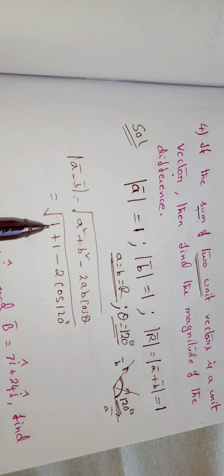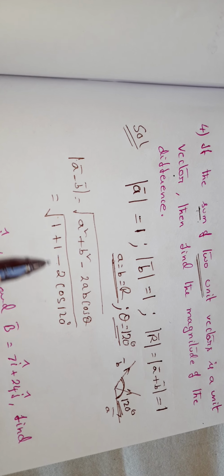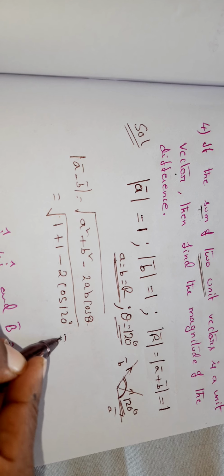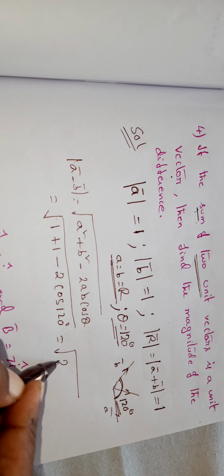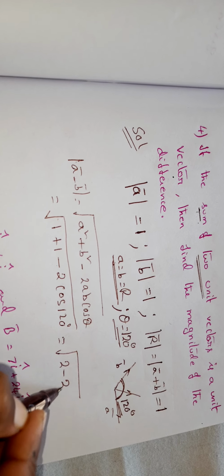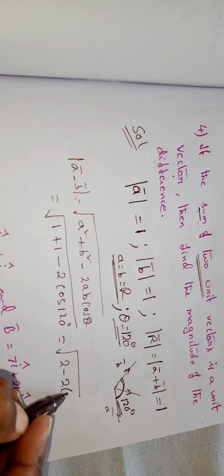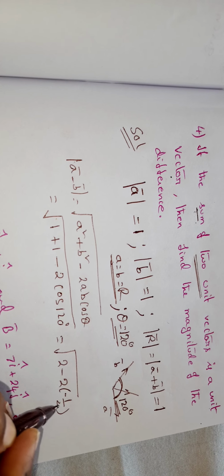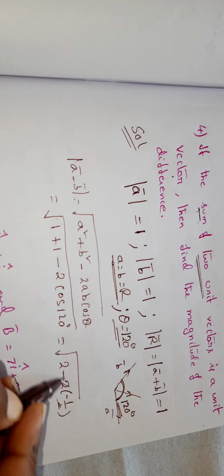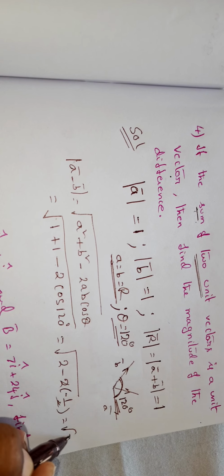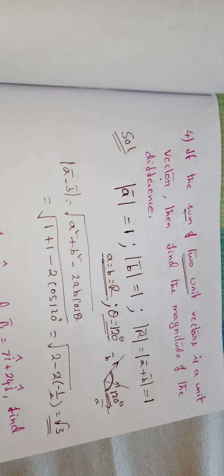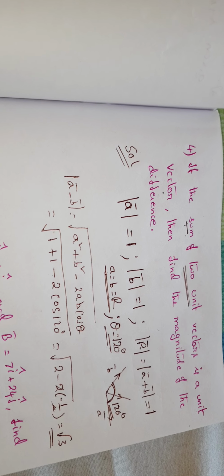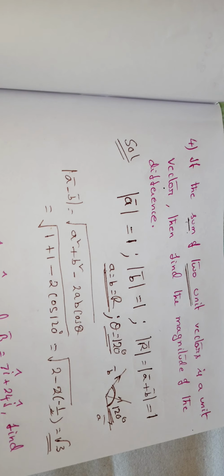So now substituting this, we got it. And now you know very well, it is 2 minus 2 cos 120, and cos 120 is minus 1 by 2. So therefore, minus of minus is plus, and it is root 3. Simple. Right?